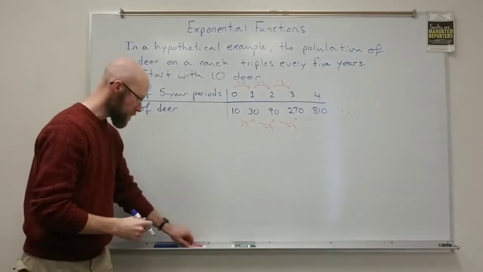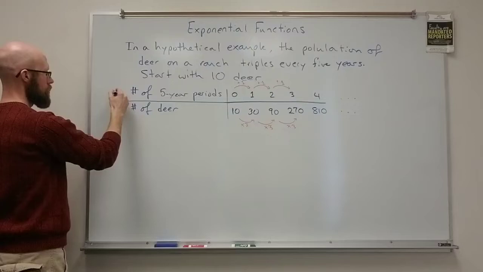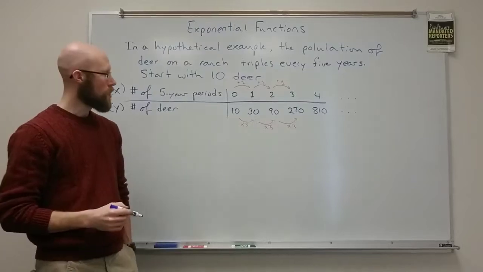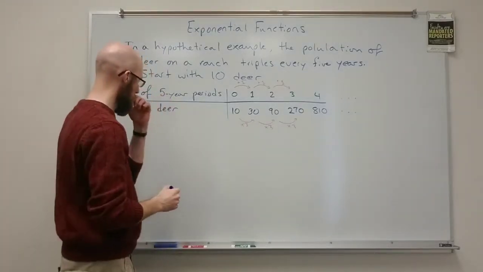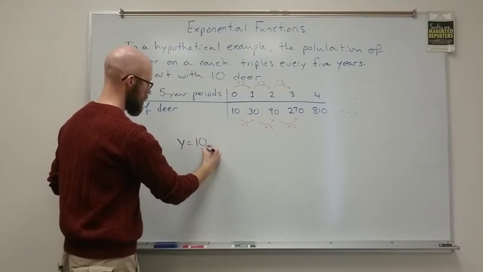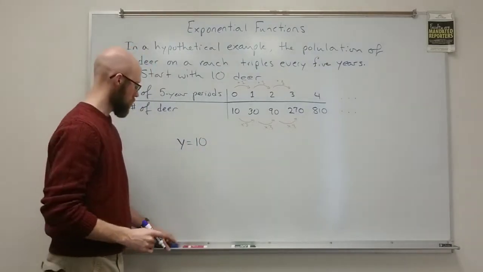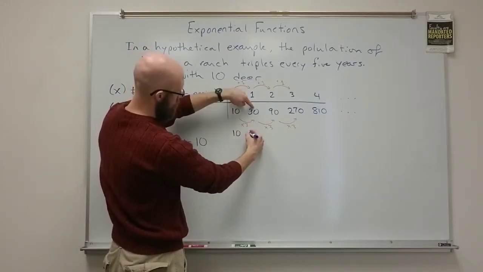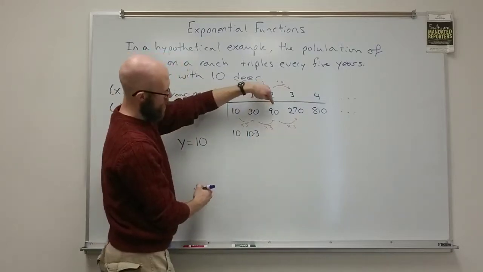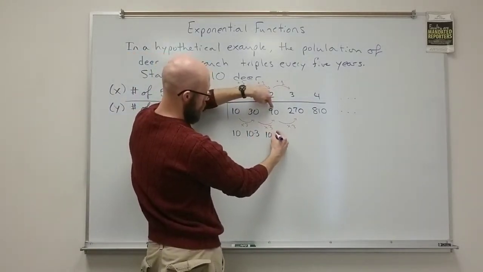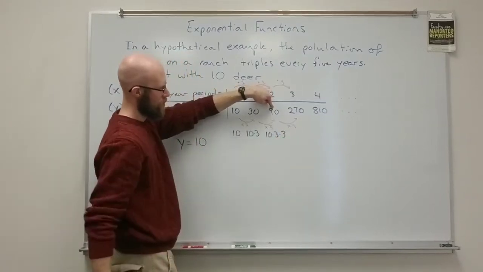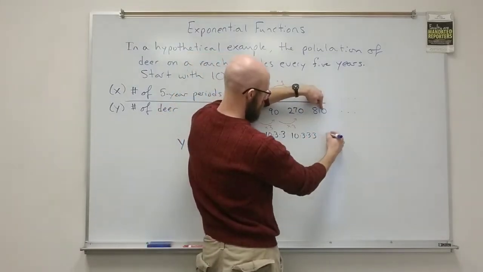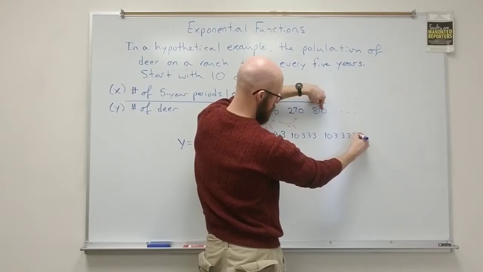So if you think of the number of 5-year periods as your x value, and the number of deer as your y value, then the y values will start at 10, and then, well, actually we'll construct the formula here, but if you think about it, you start at 10, then the next value is 10 multiplied by 3, then the next value is that previous amount multiplied by another 3, and then here you start at 10 multiplied by 3, by 3, and by 3, and then here you start at 10 and multiply by 3, by 3, by 3, by 3.